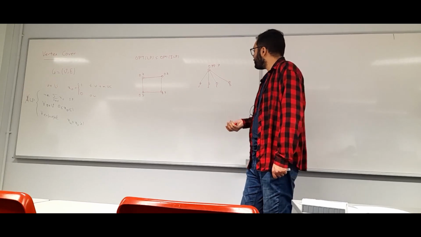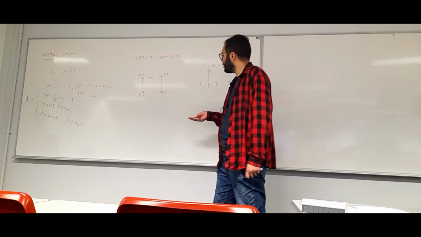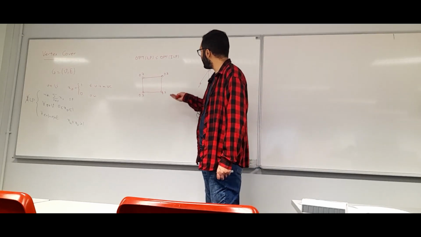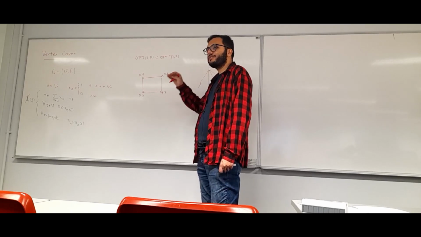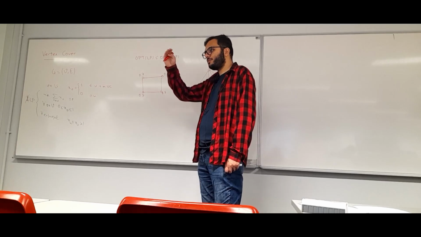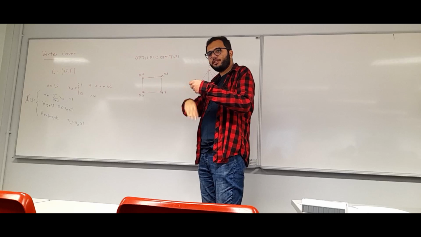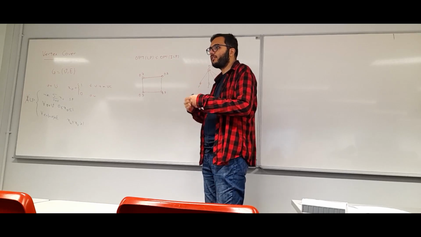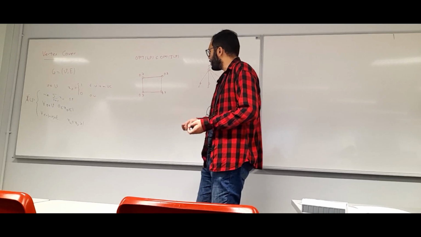But of course, I don't have to be so stupid in the rounding. I can actually do normal rounding like a normal person, and I can say that I take anything that is at least 1/2, and I increase it up to become 1, and anything that is less than 1/2, I just decrease it to 0. So I round, basically. So why would that work?